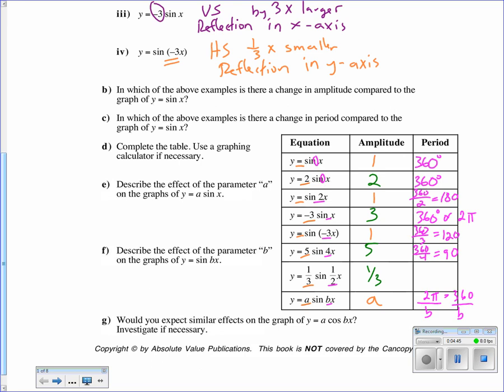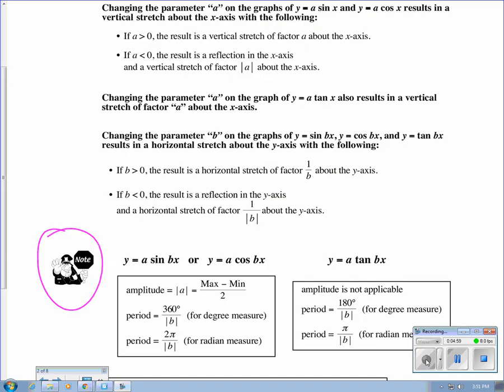And then with the half, what does that do? 360 divided by a half actually takes me up to a period of 720 degrees.